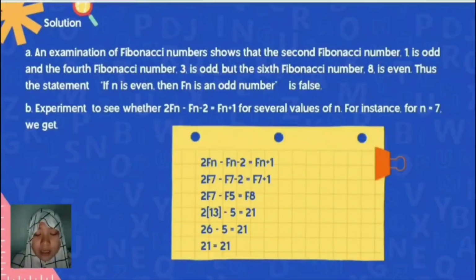So number A, an examination of Fibonacci numbers shows the second Fibonacci number, 1, is an odd number, and the fourth Fibonacci number, 3, is odd, but the sixth Fibonacci number, 8, is even.